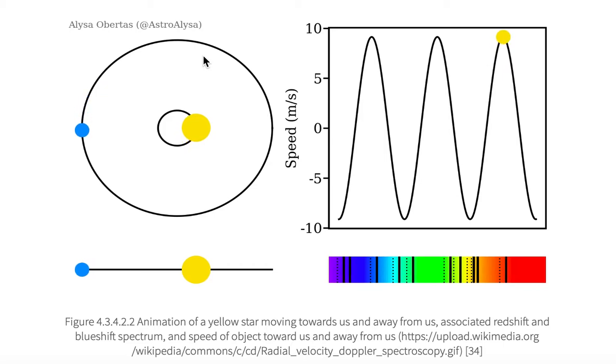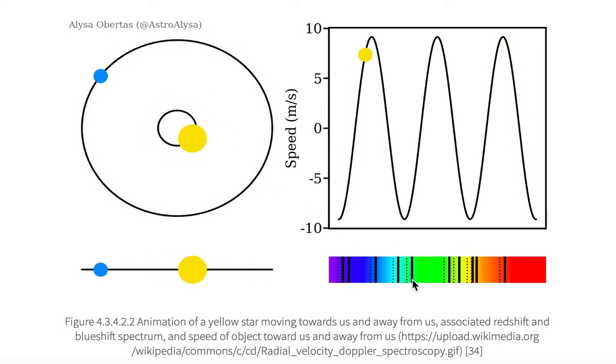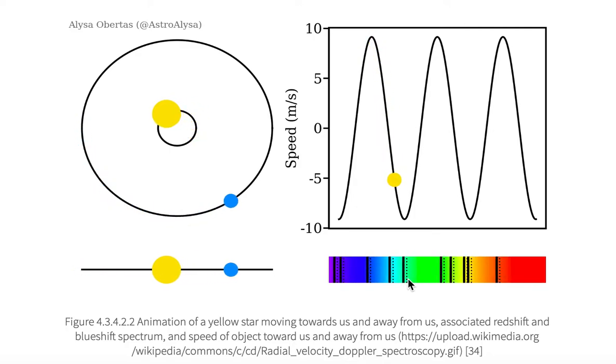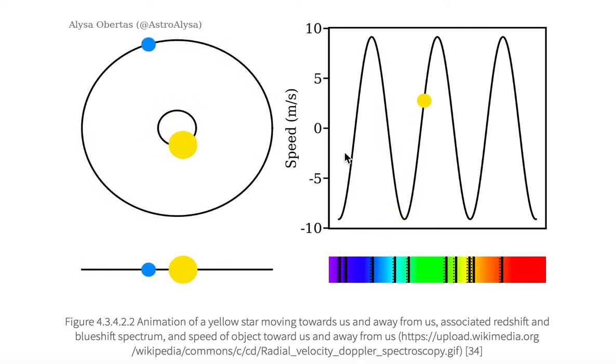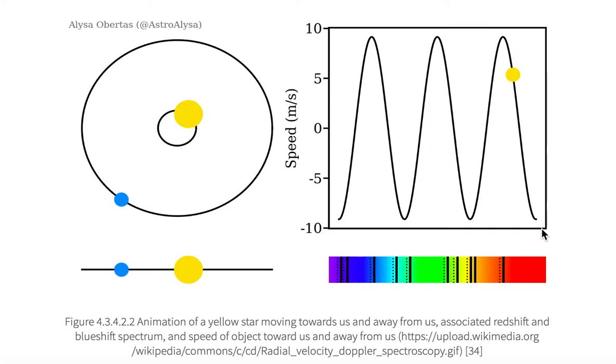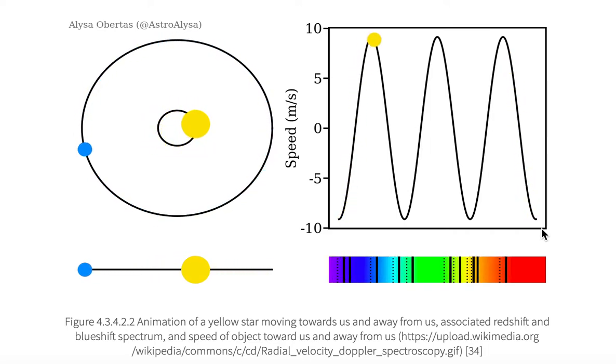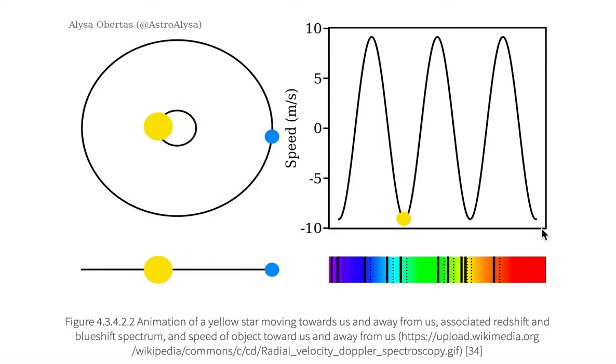And the amount of shift is based on this wavelength change from the stationary position. And we relate that to the speed of the object coming towards us and away from us, which in this case, this host star is moving at a maximum speed of 10 meters per second towards us and away from us.